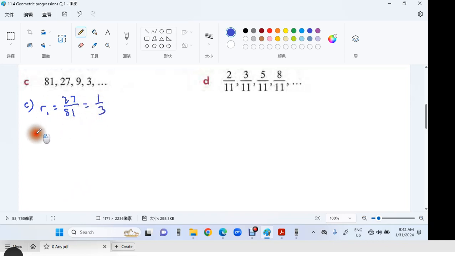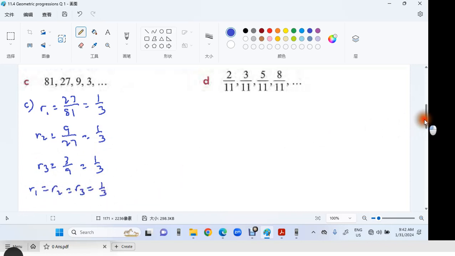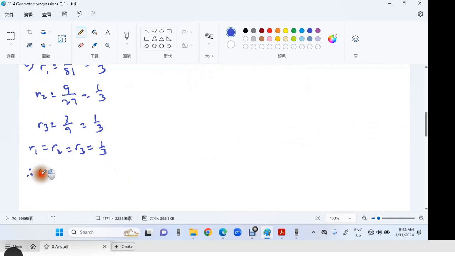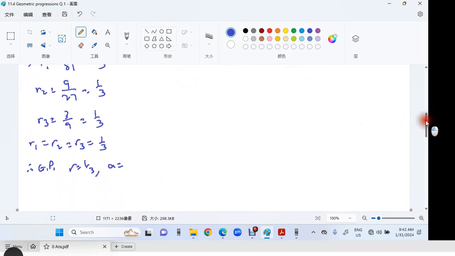Okay, so for question C here, the R1 is 27 over 81, it's 1 over 3. R2, 9 over 27, 1 over 3. R3, 3 over 9, also 1 over 3. So the R1 equal to R2 equal to R3 is 1 over 3. Therefore, it is a GP with the R is 1 over 3 and the A is actually 81.